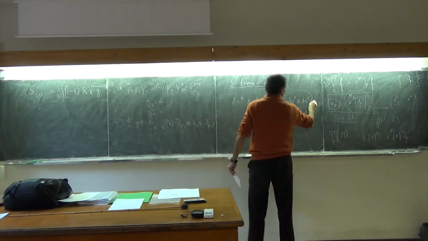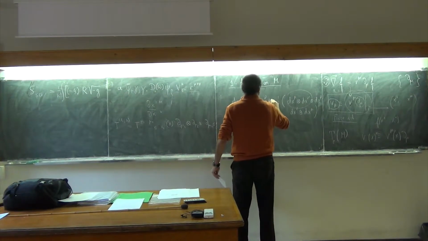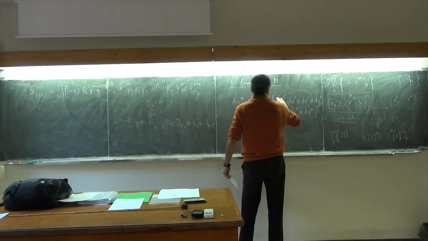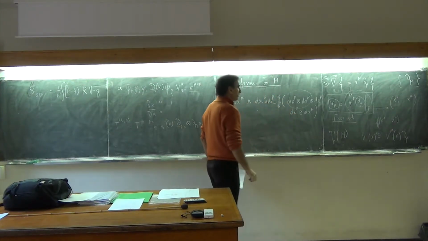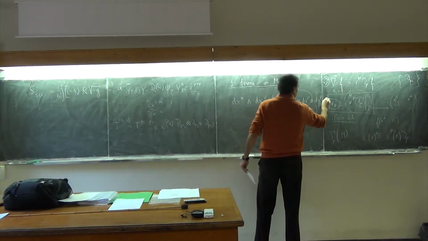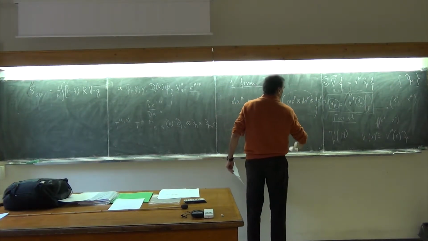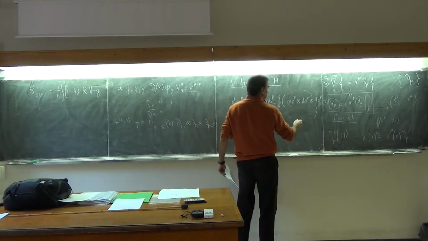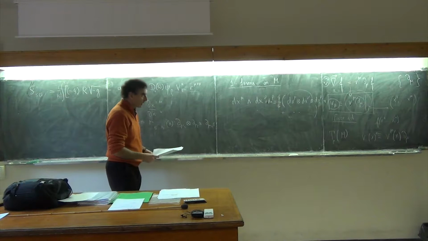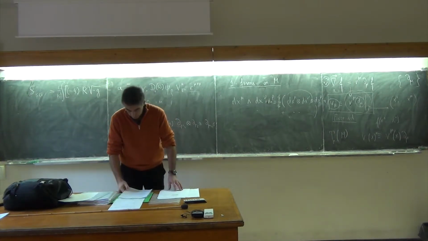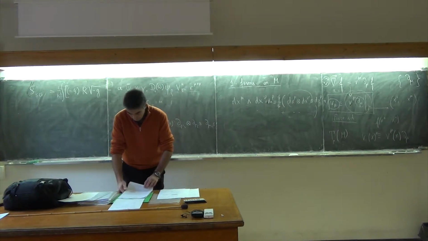With 3, then we'll have a 1/6 here, which means 3 factorial, and then here you sum all the permutations with their minus or plus sign according to the signature of the permutation. And this will be the exterior product. Okay.